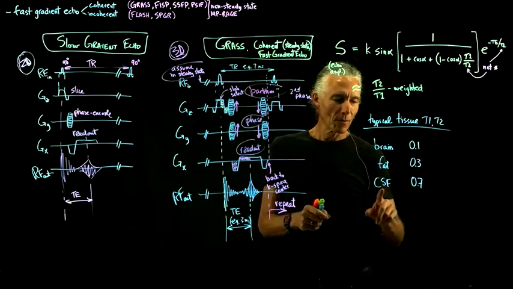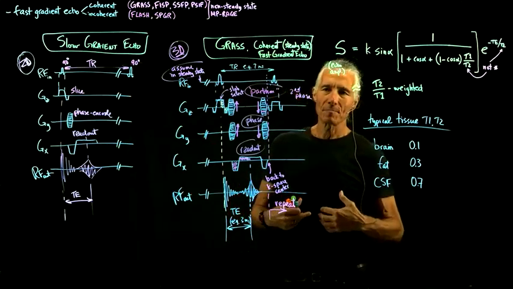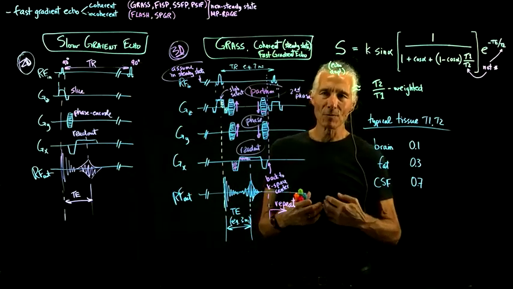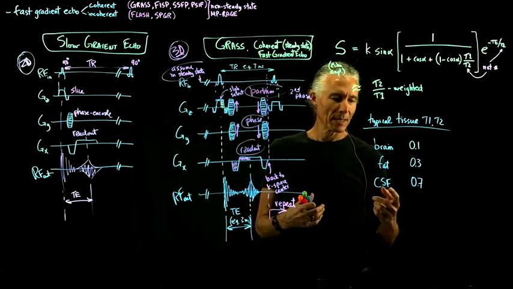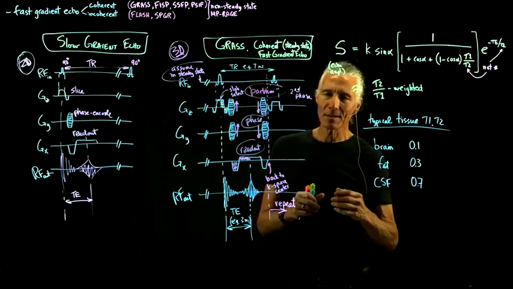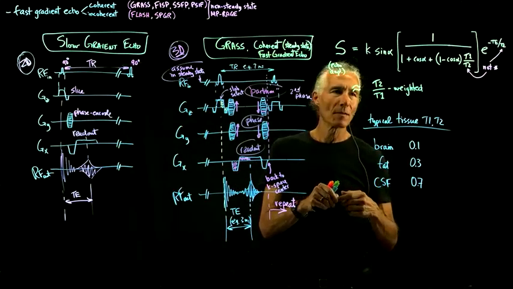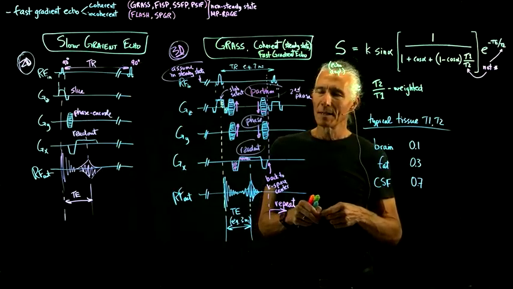So what do they use it for? One of the things you can use it for is imaging the heart, because there you're interested in the actual fluid in the heart. It's a very fast sequence, and so it makes it extremely good for imaging flow into the heart.